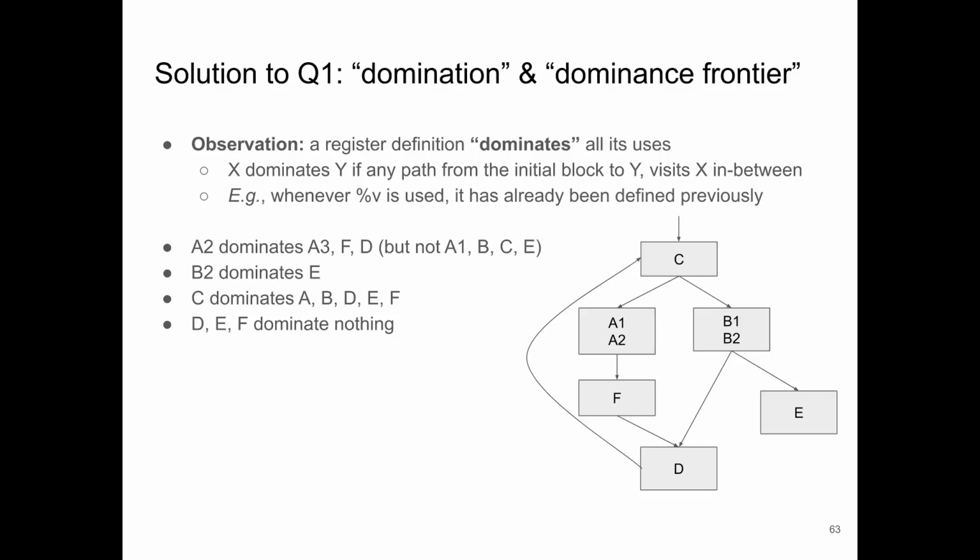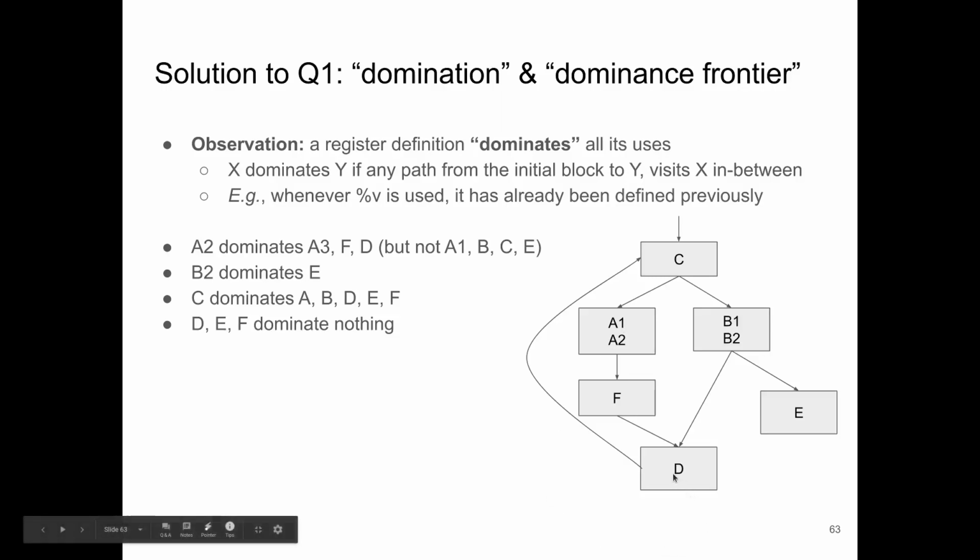In other words, as an invariant, whenever v is used as an operand of an instruction, for any path from the initial block, for example here C, to the use of such a V, let's say D, in any path from C to D (there are two paths from C to D, here and here), you can see that the value V is defined in between, in the path from C to D.